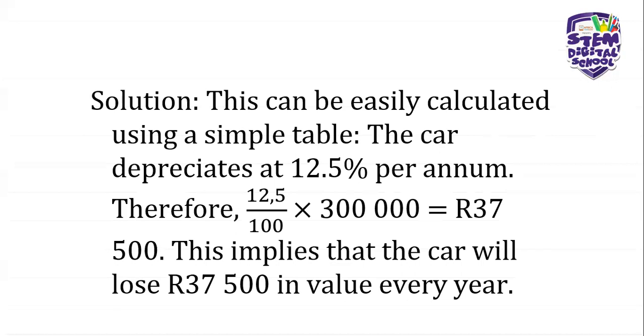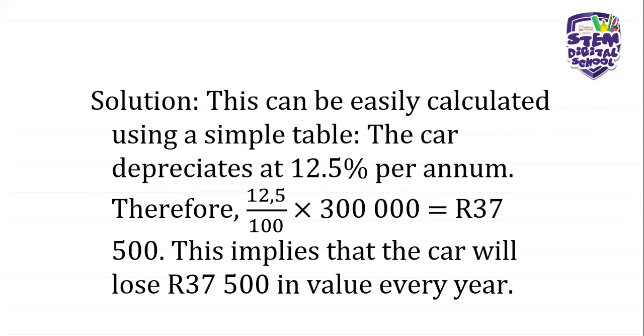Now the car depreciates at 12.5% per annum. This is what we know because we are given that particular interest for depreciation. Therefore, you divide 12.5 by 100, as I always say, to get 0.125. And thereafter, you multiply it by the value of the car, which is 300,000 rands. This simply means that the car will lose 37,500 rands in value per annum.